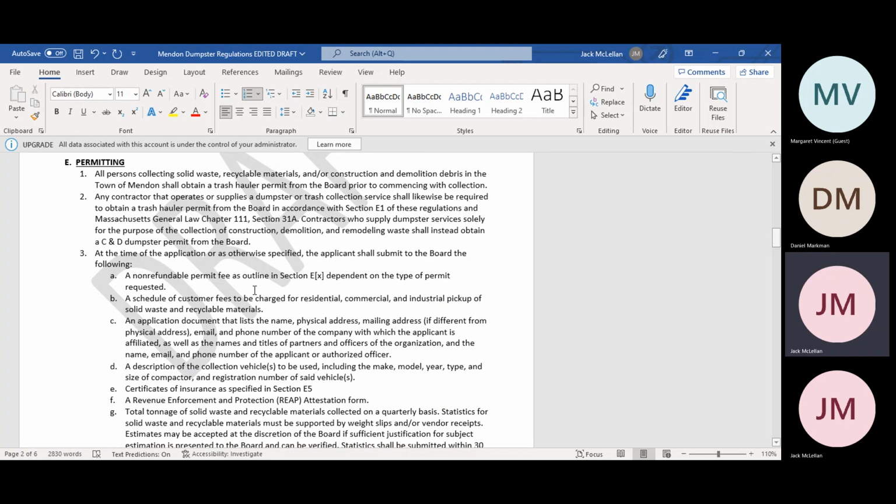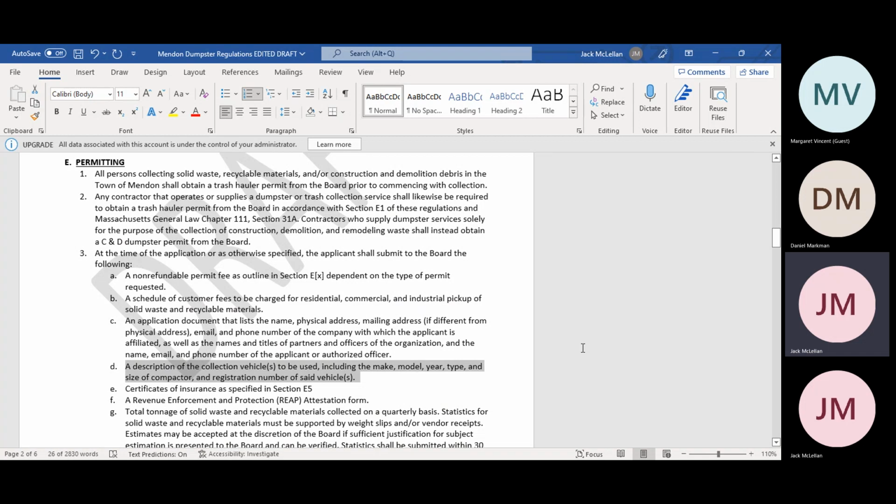I had a couple of comments on this. I'll proceed, see what we get. In the meantime, anybody else wants to chime in? I went down to D. I didn't think D was necessary. I know in the past, we've talked about identifying the vehicles that a septic hauler was going to use.